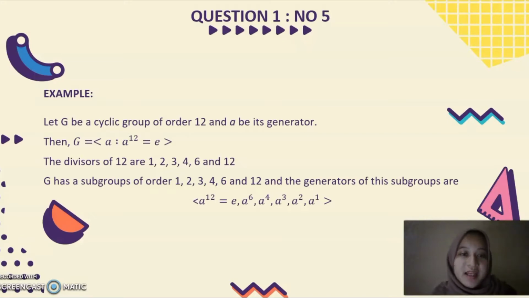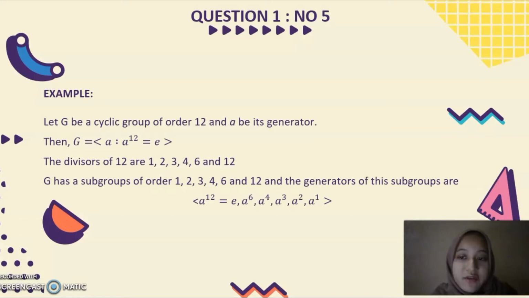Let G be a cyclic group of order 12 and a is the generator. Then G consists of the powers of a, where a^12 is equal to the identity. The divisors of 12 are 1, 2, 3, 4, 6, and 12, and G has a subgroup of order 1, 2, 3, 4, 6, and 12.